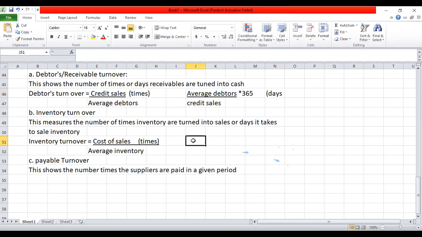Here it will be average inventory over cost of sales times 365, and here the answer will also be in days. I don't know if I've answered someone who was asking this, but we have already seen these ratios in working capital.